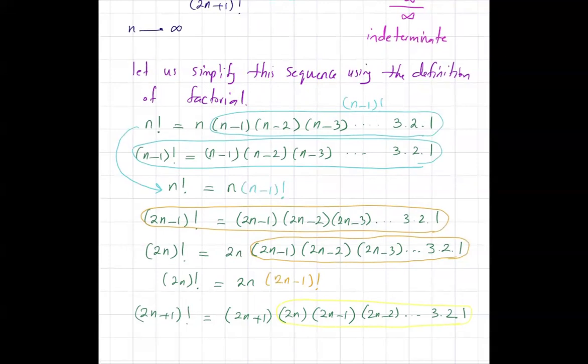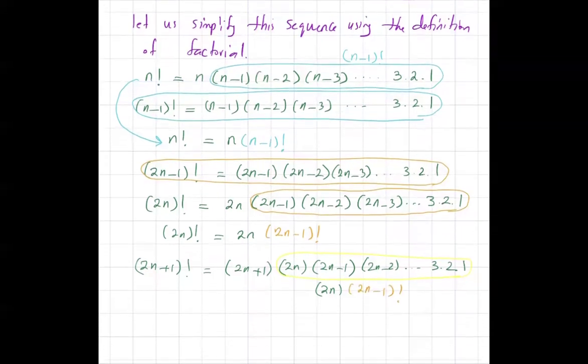So whenever you see (2n plus 1) factorial, it can be written as the multiplication of 2n plus 1 times 2n times (2n minus 1) factorial.